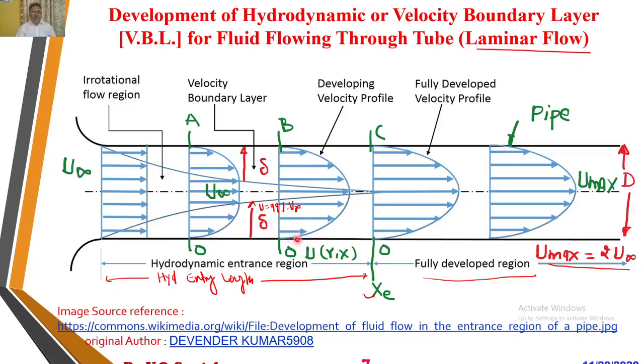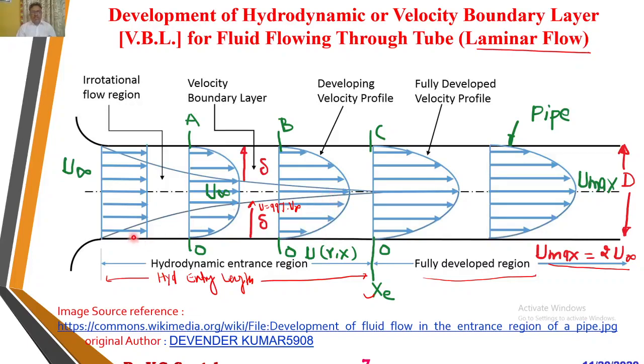As we move away from the inlet of this pipe in the x direction, the effect of this no slip condition is observed or is penetrated more in the y direction, and because of which velocity boundary layer thickness is growing.